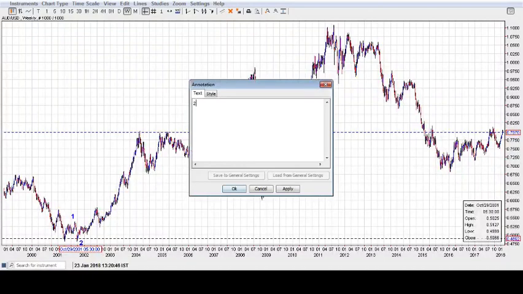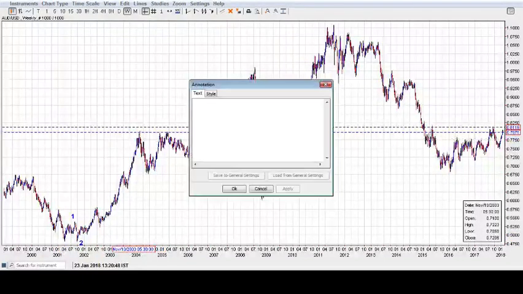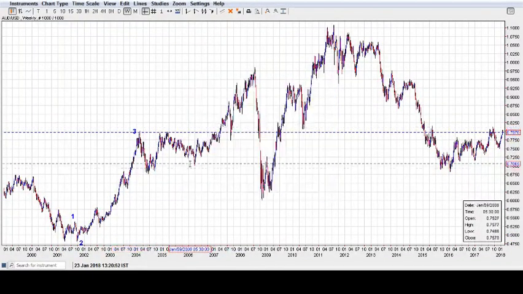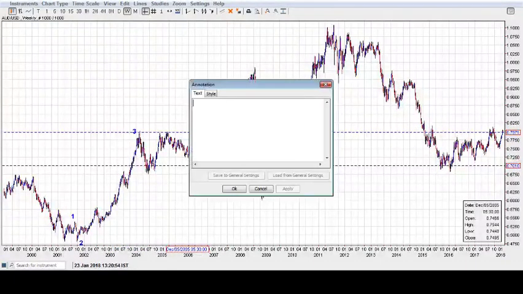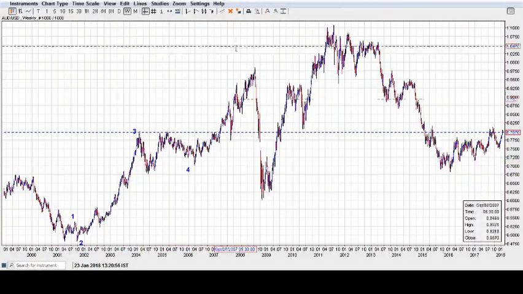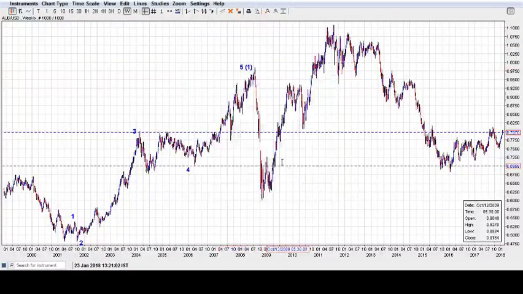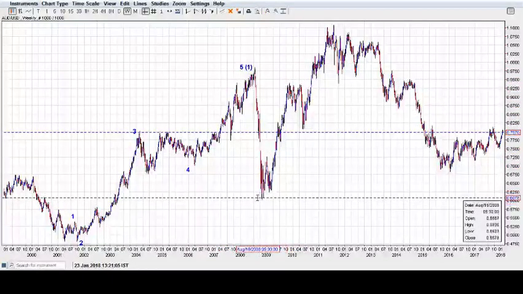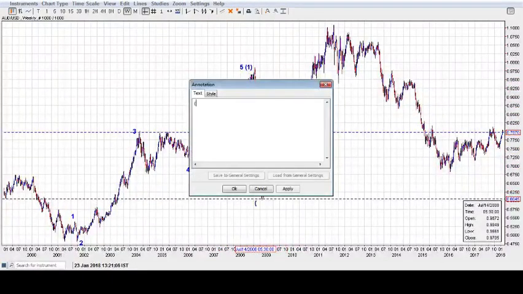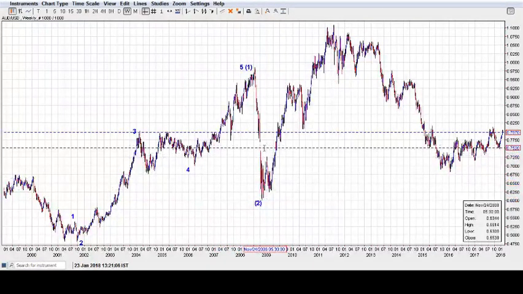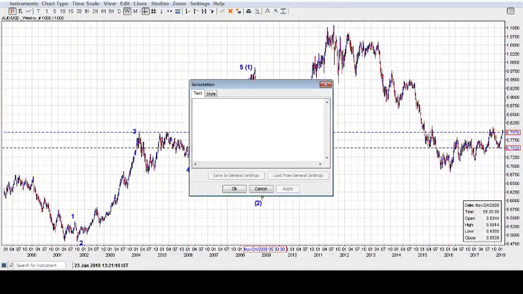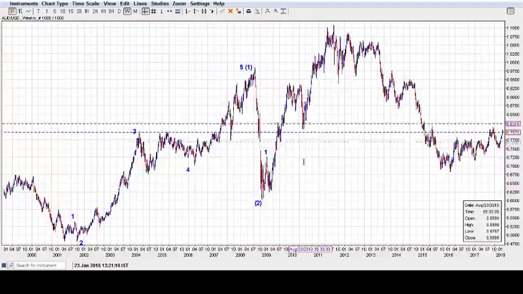One, we had an impulse here, wave 3, 4 and 5, that was wave 1 of one larger degree, followed by an ABC, wave 2, and then we got another impulse, 5 waves.